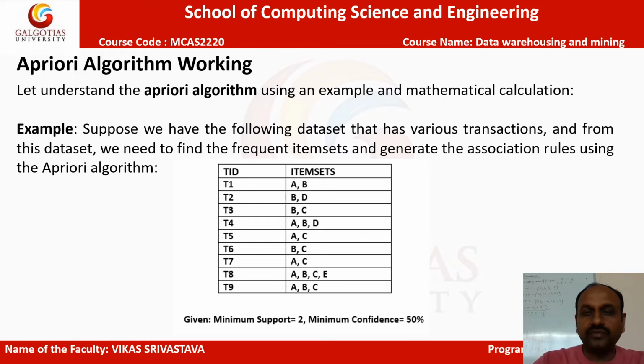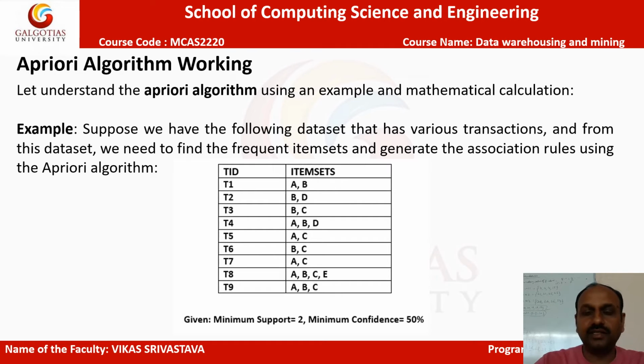We need to find the frequent item sets and generate the association rules using this algorithm. It is given that the minimum support is equal to 2 and the minimum confidence level required is 50%. So the algorithm works on these two basic parameters.